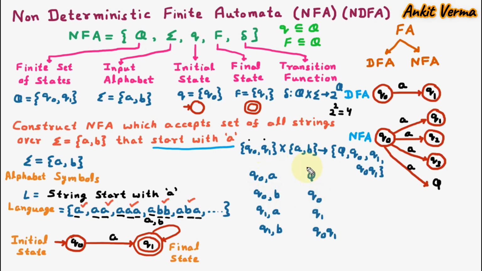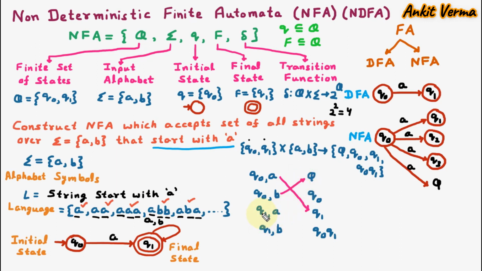So here we are going to provide the transition. So for Q0, that means we are on the state Q0, and if A is coming, then we are going to the Q1. So from here we are going to Q1. The next is Q0 B. That means we are on state Q0, and if B is coming, here we can see that the move is not defined. That means it is going nowhere, and the nowhere is signified by phi. So here I am putting to the phi.